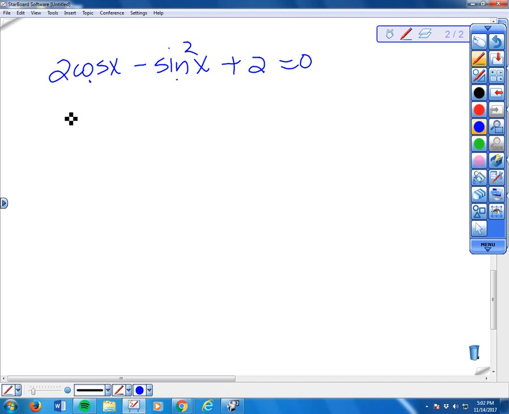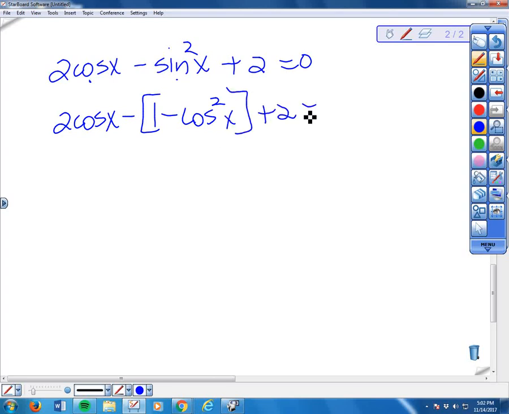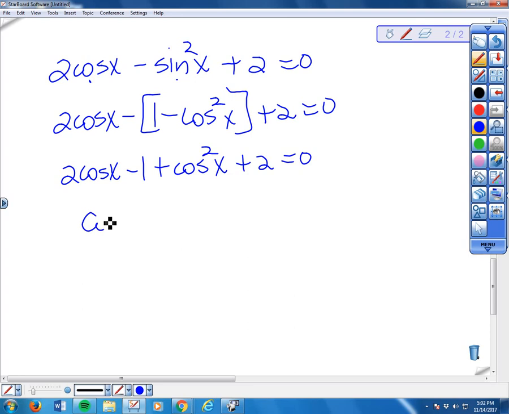So I'm going to leave 2 cosine x the same, subtract 1 minus cosine squared, it's not theta here, it's x, plus 2. Go ahead and distribute my negative. Rearrange, so I've got my cosine squared first. 2 cosine x, and negative 1 plus 2 is 1.